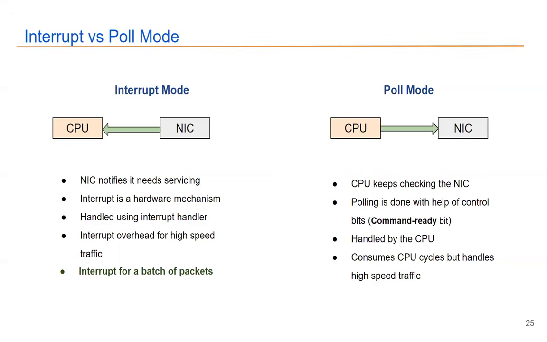The other mode of operation is poll mode, where the CPU keeps checking if the NIC has packets to be processed. It is a software mechanism as the CPU keeps checking control bits for these notifications. This is a nice mechanism to reduce latency of packet processing, especially for high-speed data processing applications. But it wastes a lot of CPU cycles for this polling.